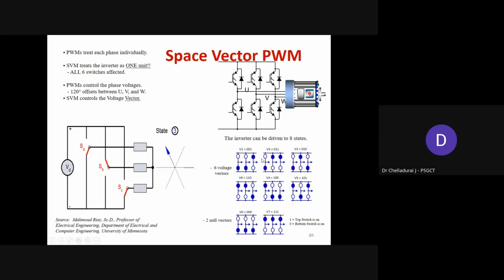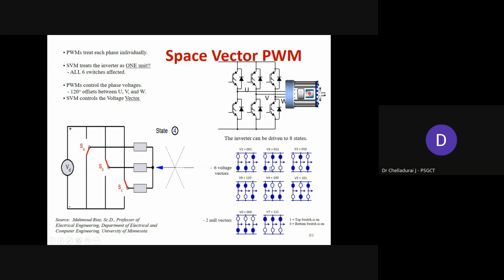Now let us consider a star connected R load across the R, Y, B phases, with the VDC supply. When these three switches are in the on condition, we can easily analyze the VAN voltage, that is the star connected output phase voltage, and the line voltage.